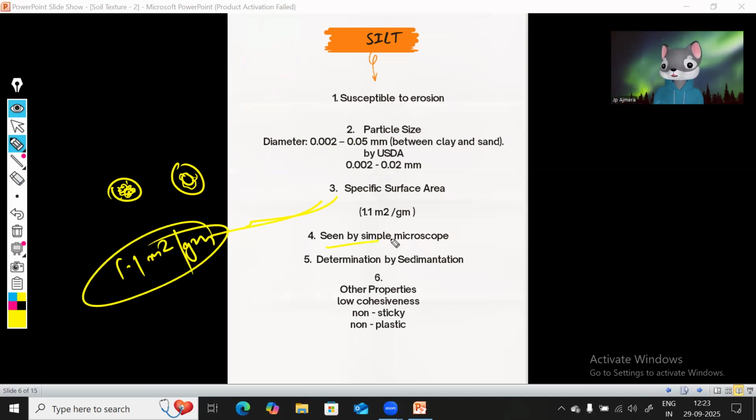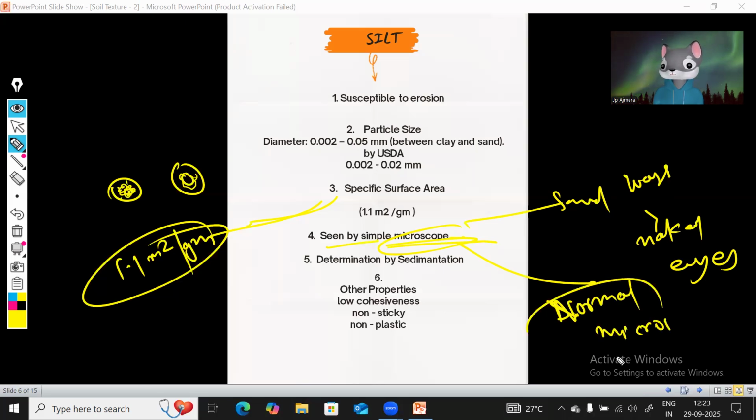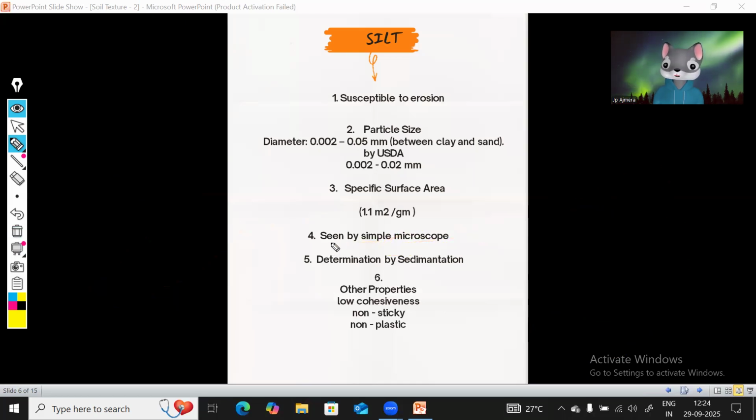Sand is seen by naked eyes, and silt is seen by a simple or normal microscope.